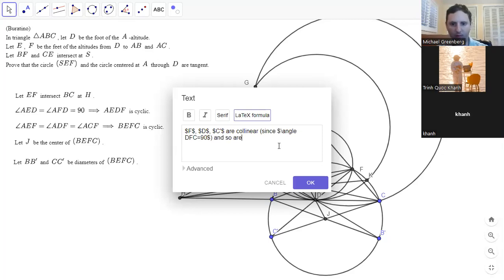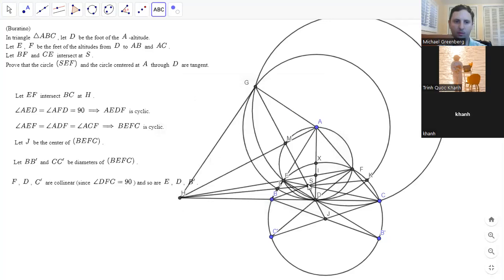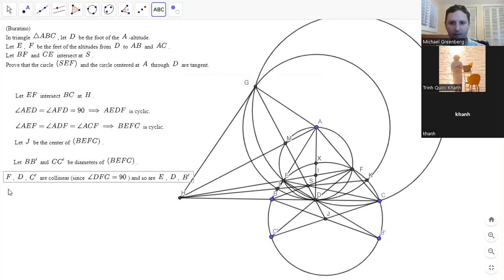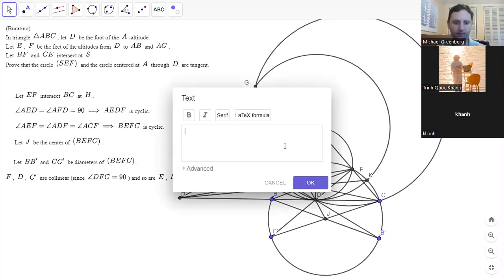And so are E, D, and B prime. And then by Pascal's theorem, S, D, and J are collinear.